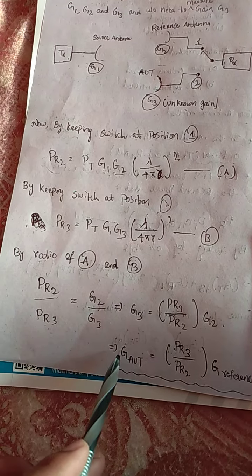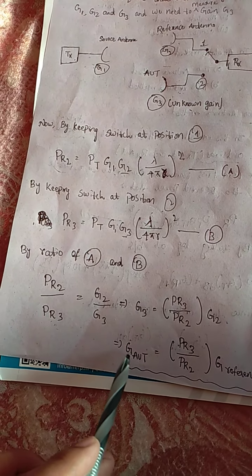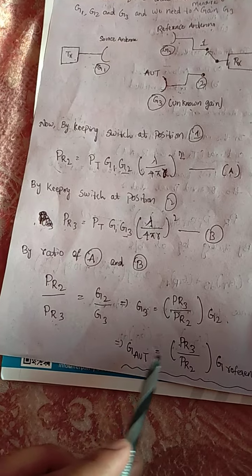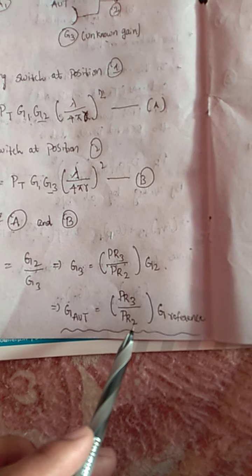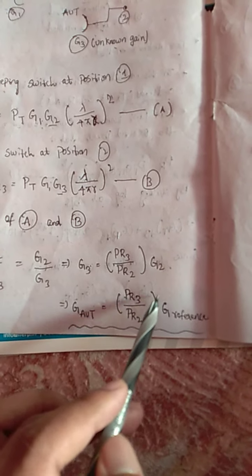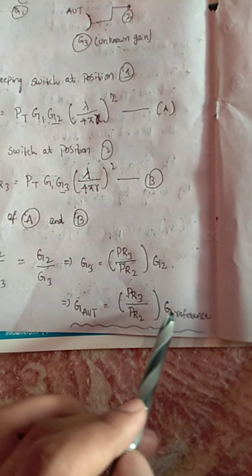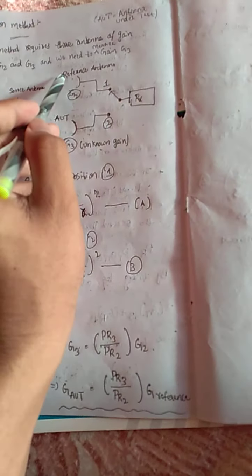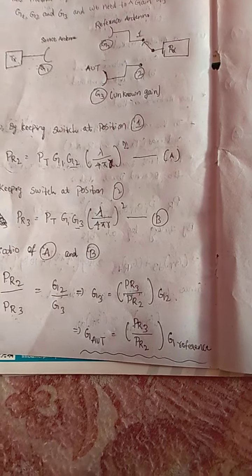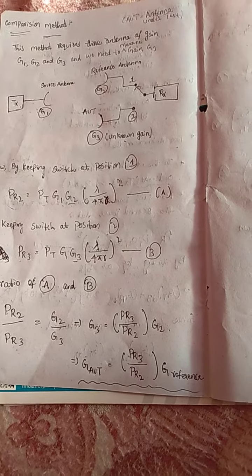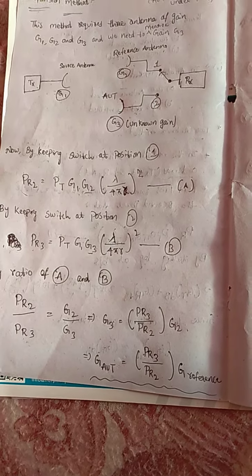Gain of the antenna under test equals PR3 by PR2 times G2, where G2 is the gain of the reference antenna. That's it. It is a quite easy and important topic. Just go through it. Thank you.